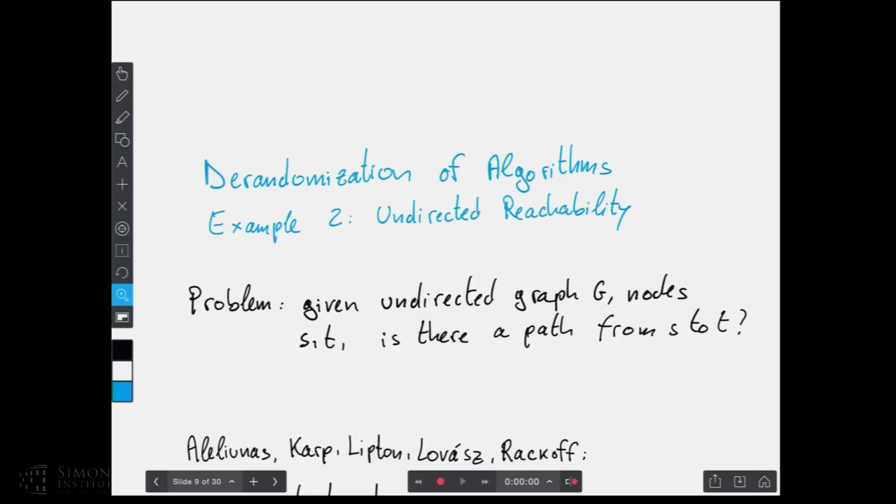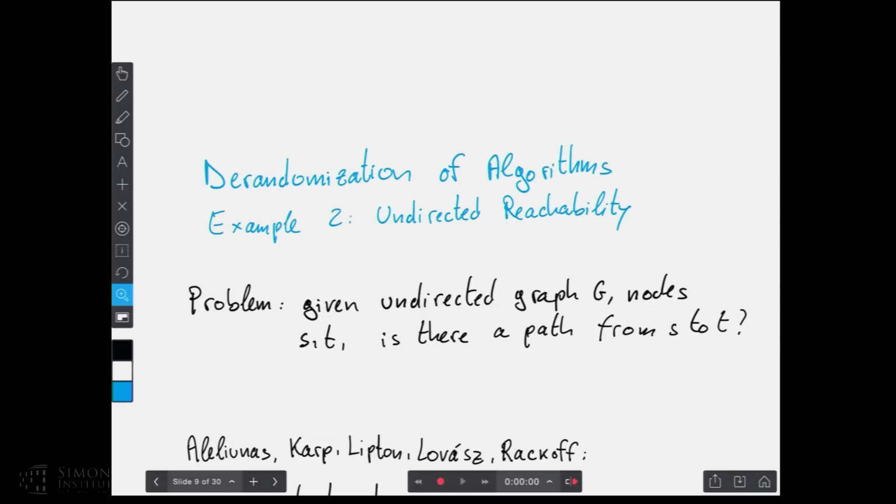So here's another famous algorithm and its derandomization. That's a graph algorithm. Given a graph where the edges are not directed, and given two vertices, we want to see if there is a path from one vertex to the other. That's a problem that we can solve with linear time and linear memory.